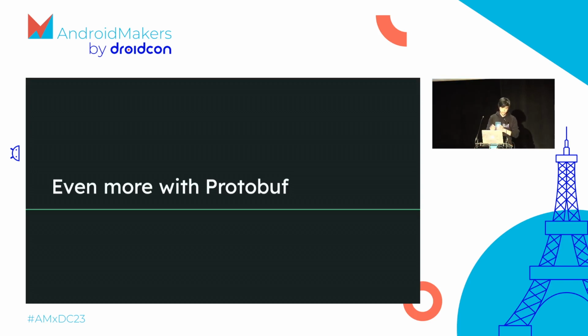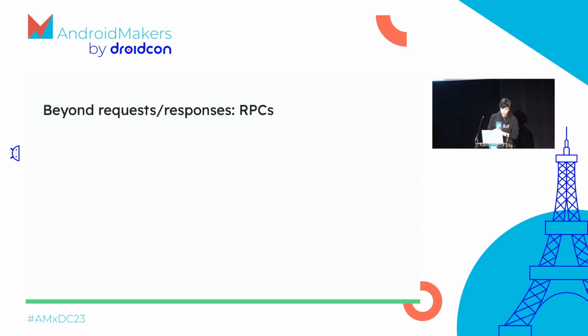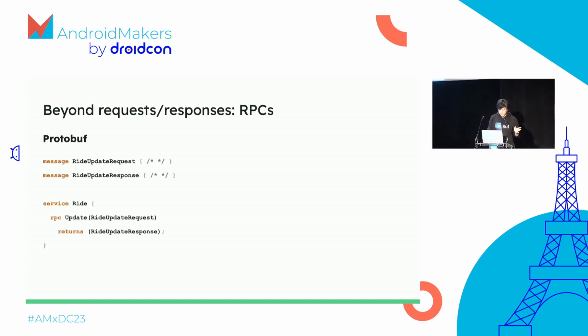But outside of the data structure, like the data transfer object, we can actually describe more with Protobuf. So beyond requests and responses, we have RPCs. And the previous example of a ride update request and a ride update response can be modeled in Protobuf in this way. With a service Ride and an RPC Update, it accepts a request and it returns a response.